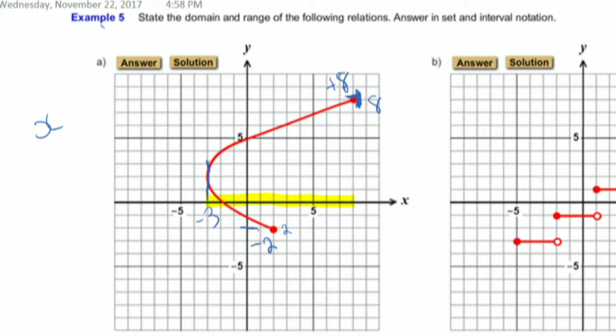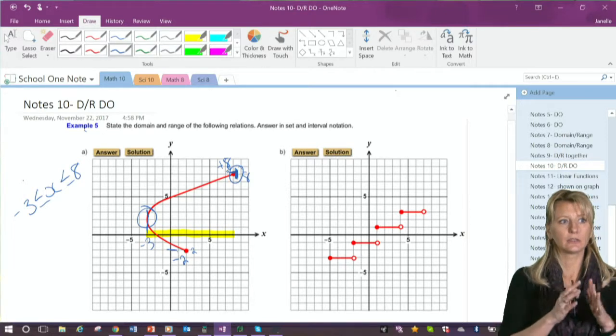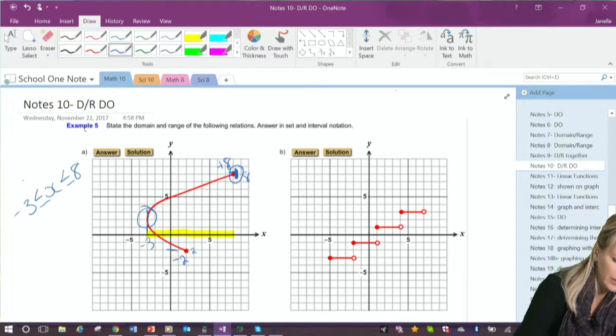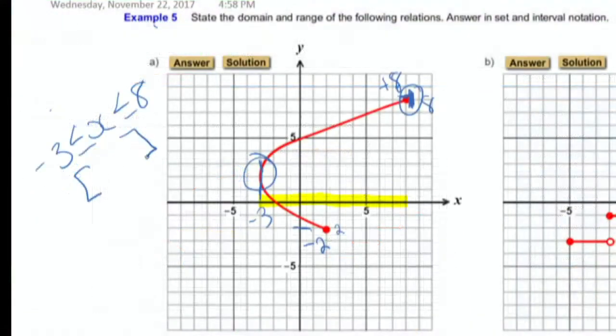So we're going to show -3 and 8, and then all we have to do is look, does it include that number? Yes, it does, because it is a solid line here, which means it includes it, and it's a solid circle there, which means it includes that one. So that is the domain for that one. Because it includes all of them, we use square brackets like that. So you guys should have that for your domain.